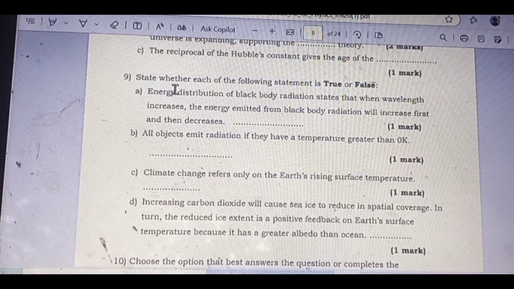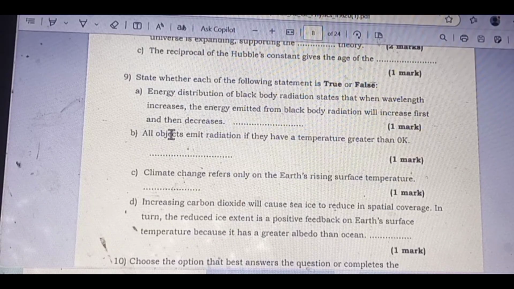Question 9. State whether each of the following statements is true or false. A. Energy distribution of black body radiation states that when wavelength increases, the energy emitted from a black body will increase first and then decrease. The correct answer is true.